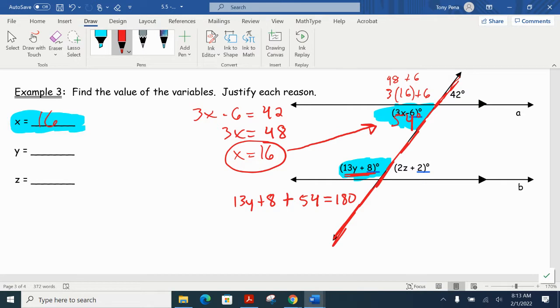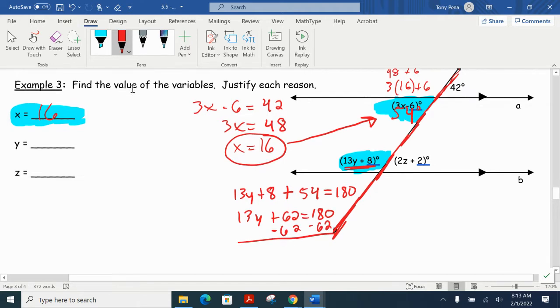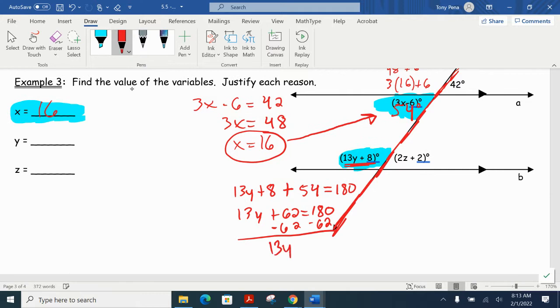Okay. Then we just solve this equation. Combine your like terms. So we're going to add the 8 and the 54 together. Continue to solve. We're going to subtract 62. And when we solve this now, this is going to give us y. This is the second piece of information that we were looking for. So 13y now equals, what is that, 118?